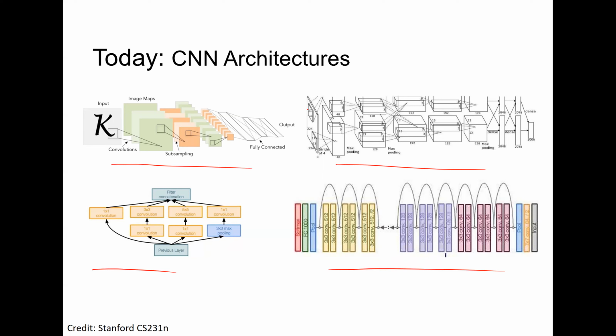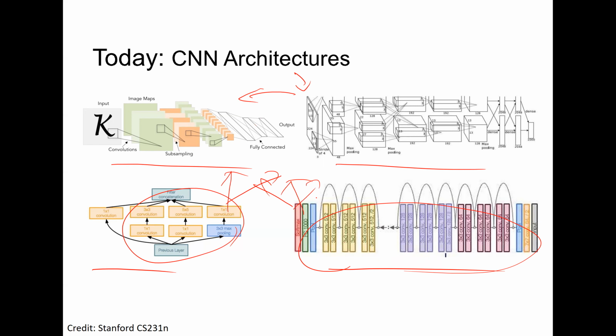Because these architectures did not just come out of nothing. This architecture was built on the previous architecture, this one as well, built on top of these 2 architectures. And this architecture was also inspired by previous architectures.